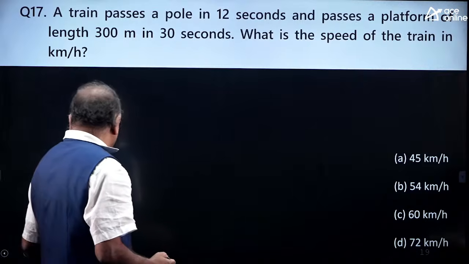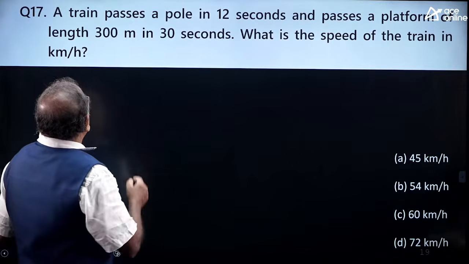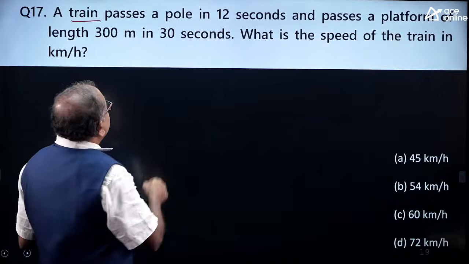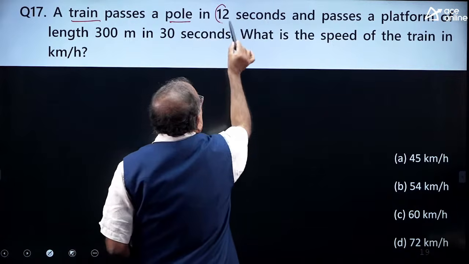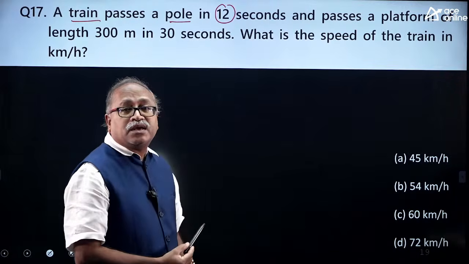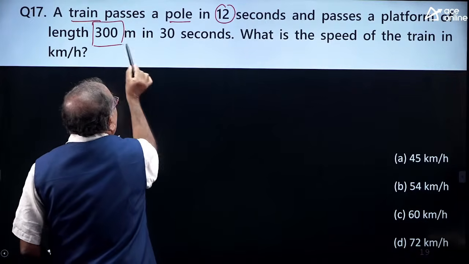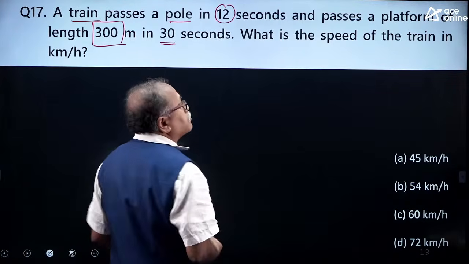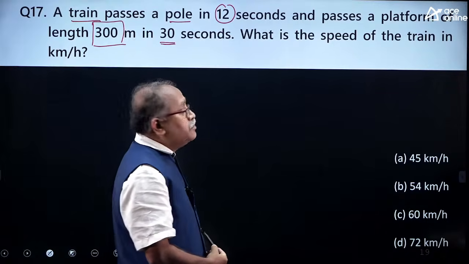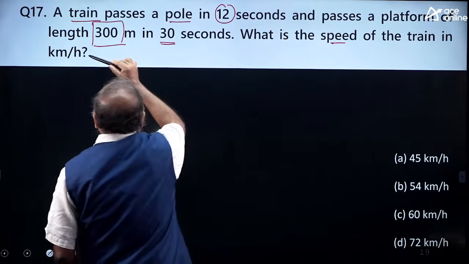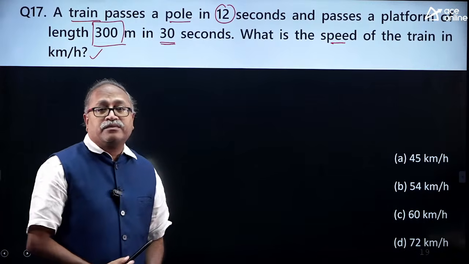Come on, we together will answer this question. A train, time and distance, passes a pole in 12 seconds and a platform of 300 meters in 30 seconds. Done. So, what is the speed of the train in kilometer per hour?